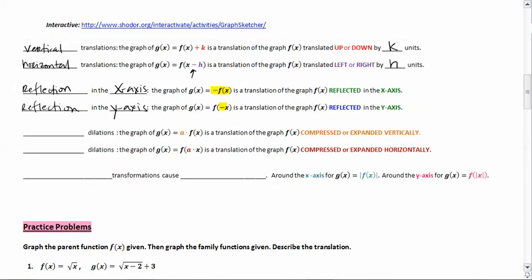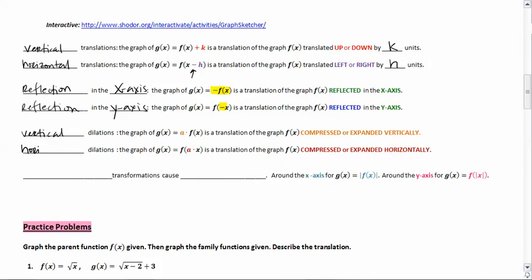Alright, the next sort of transformation we can have is a vertical dilation, which is the graph of g of x is equal to a times f of x. That means the graph of f of x is compressed or expanded vertically.